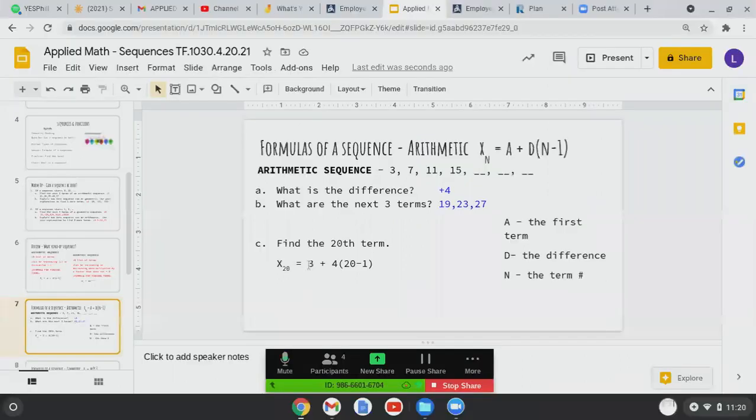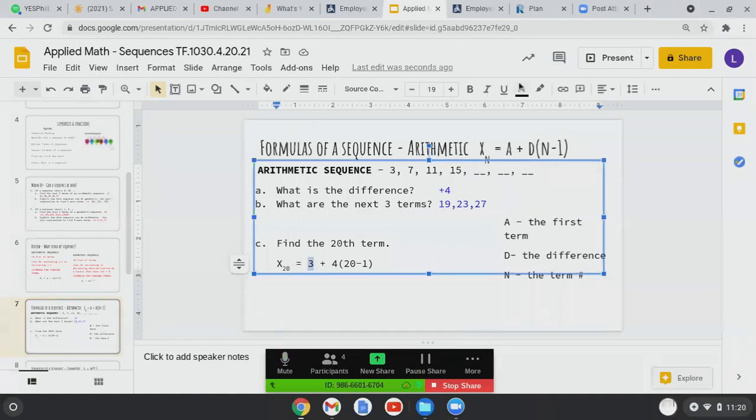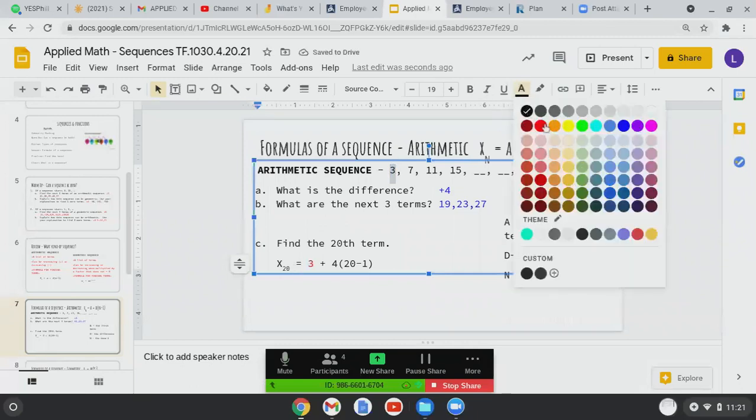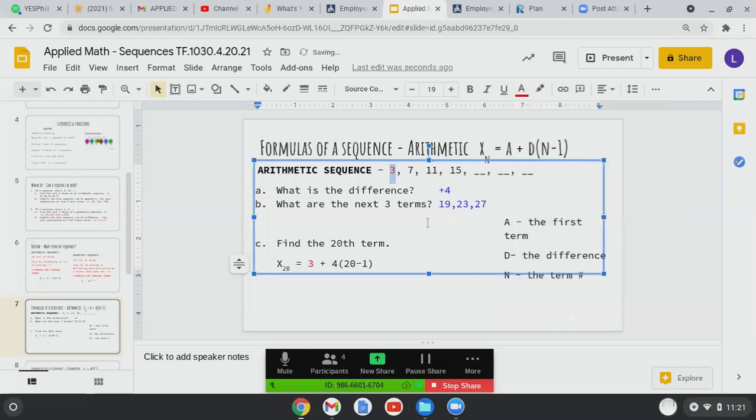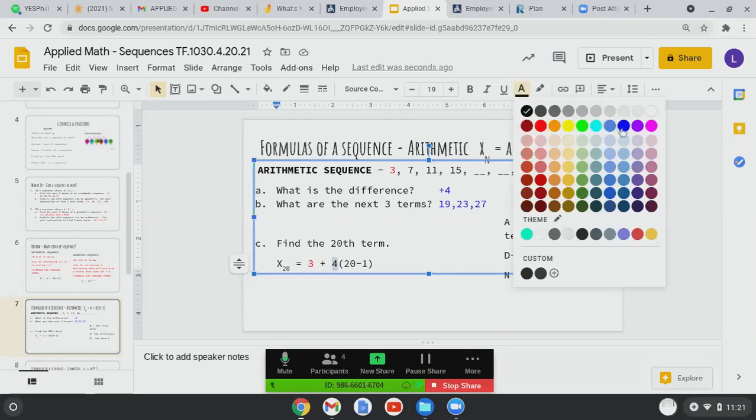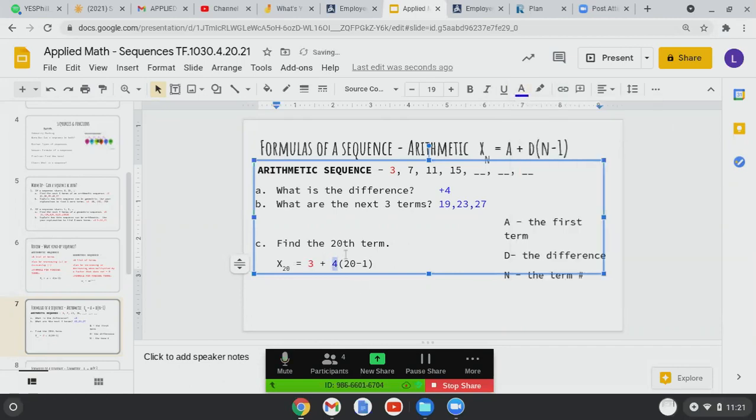So here are our pieces. We put in 3, because that's our first term. The 4 is blue because that came from our difference. And then our term is 20.